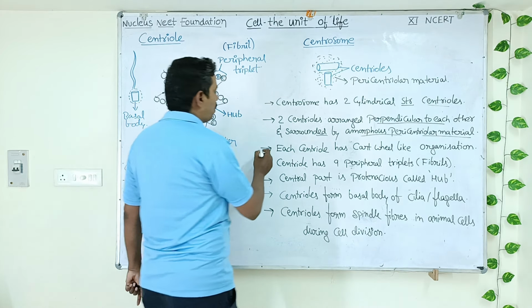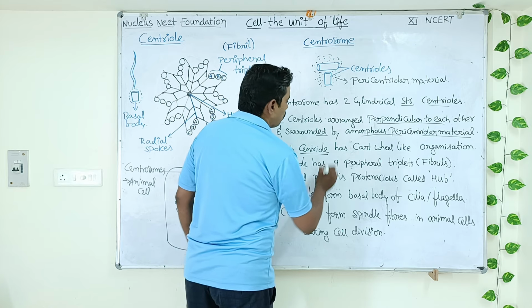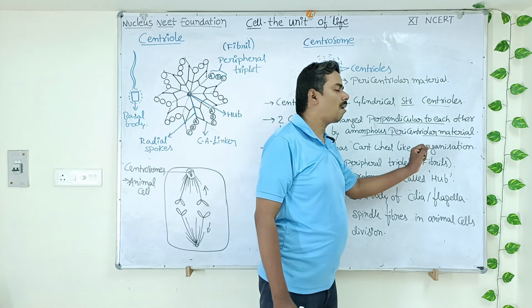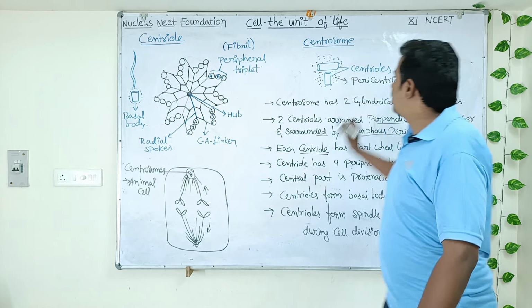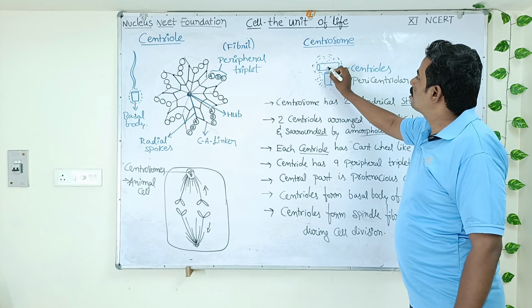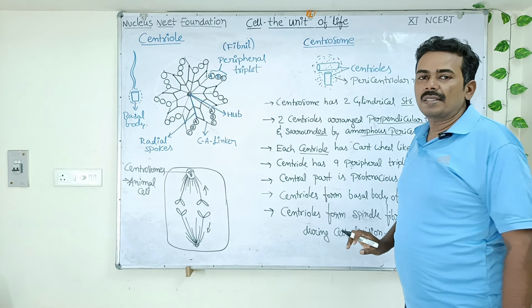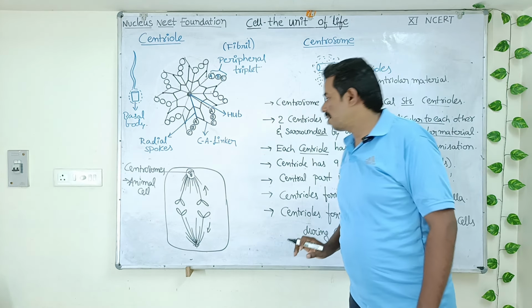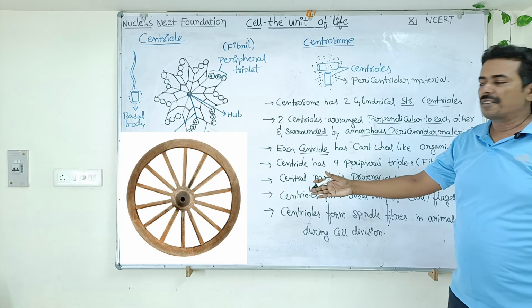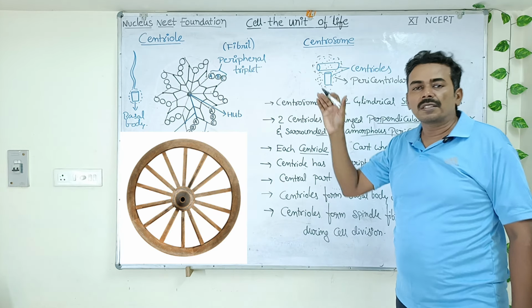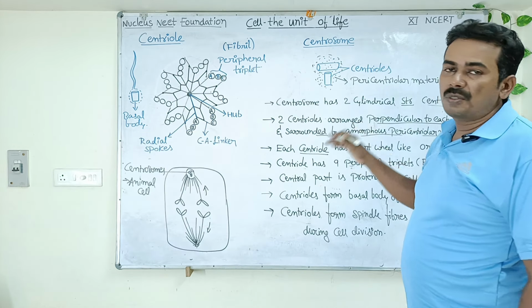Now look here, let us go for the next point. Each centriole has a cartwheel like organization. This is one centriole. You can see here, just like a cartwheel, the centriole has an arrangement inside.